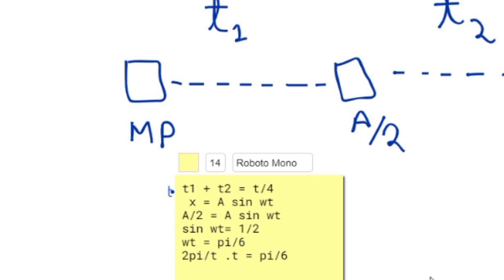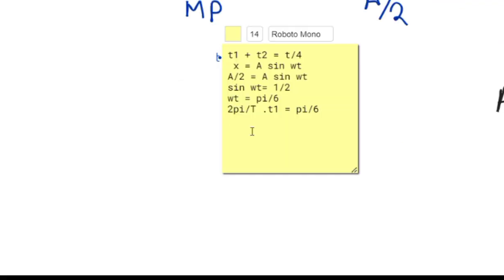This is to be mentioned because you might cancel both of these: 2 pi by T is the value of omega, where T is nothing but the time period, capital T. And this is t1, which is the time taken by the pendulum to cover the distance from mean position to half of the amplitude, which is pi by 6. So 2 pi by T into t1 is equal to pi by 6. So from here, if you do the calculations, pi will get cancelled and you will be left with t1, which will be capital T, the time period, by 12 seconds.